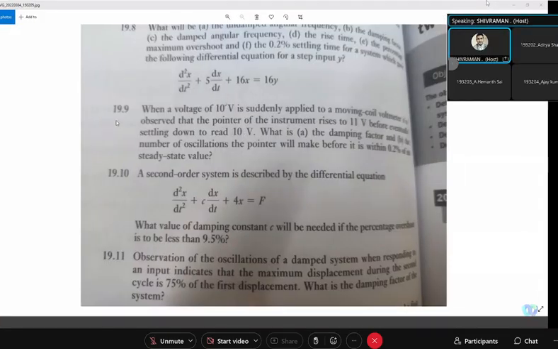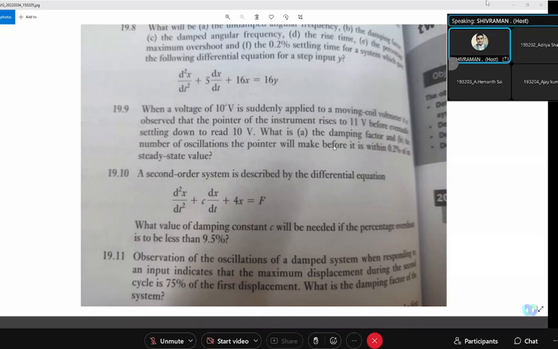So this particular question is on page number 482 of your Walton. If you see here, when a voltage of 10 volts is suddenly applied to a moving coil voltmeter, it is observed that the pointer of the instrument rises to 11 volts before eventually settling down to 10 volts.